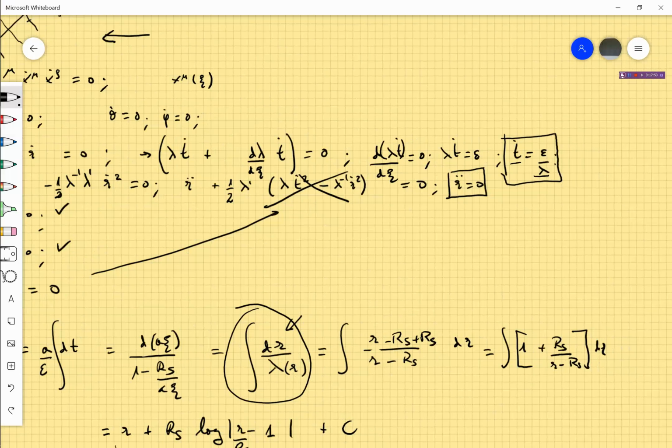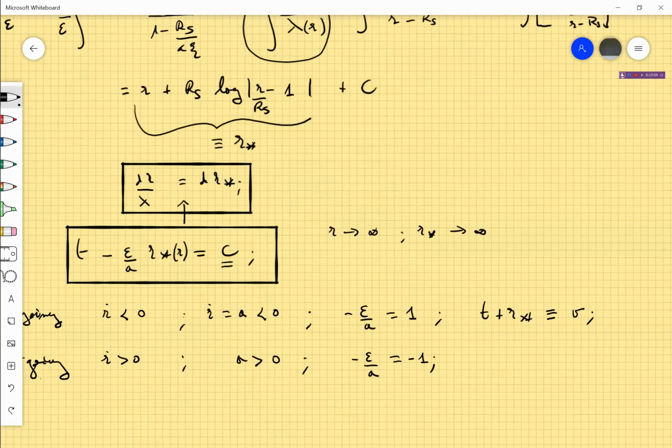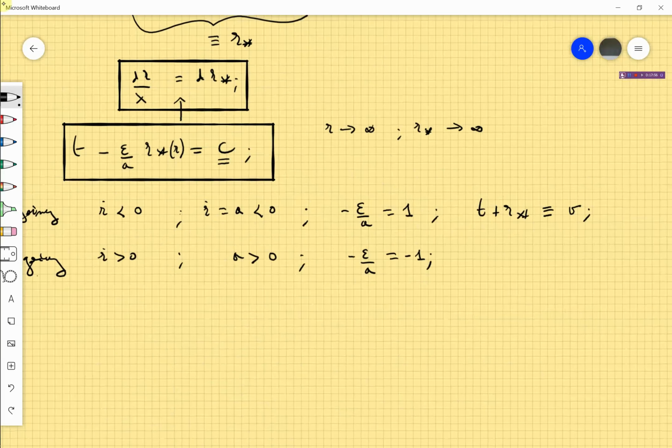This means that you want epsilon to be positive. And you see that in these two choices, a is negative, but there is this minus here, so epsilon is positive, and that's okay. And here also epsilon is positive, because now a is positive. So these choices are perfectly correct.